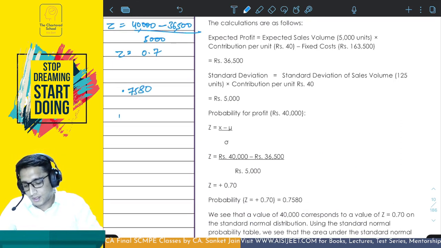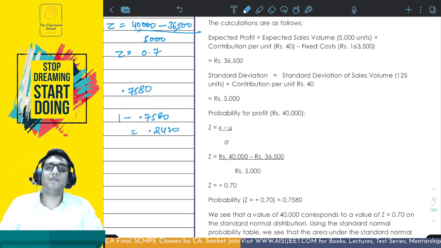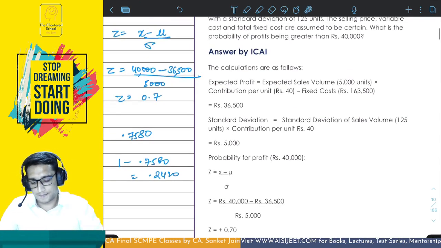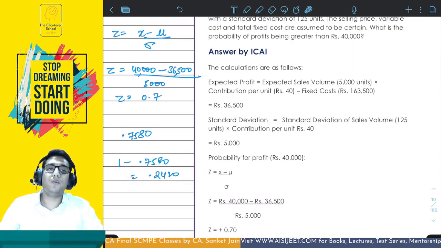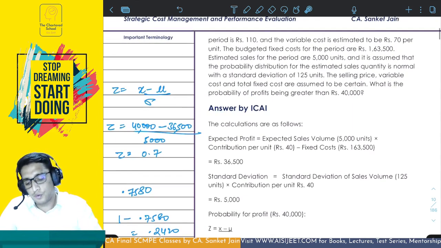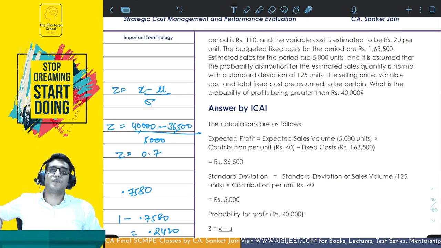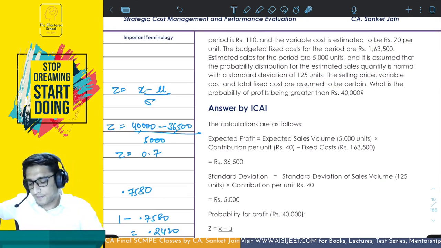So my final answer is going to be 1 minus 0.7580, that is 0.2420. So there is a 24.2% chance that I will earn a profit of more than 40,000. Got it? This is conditions of uncertainty.